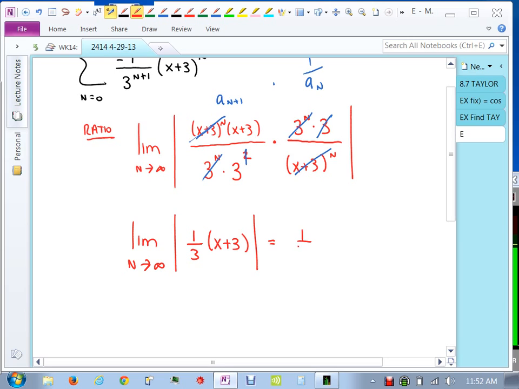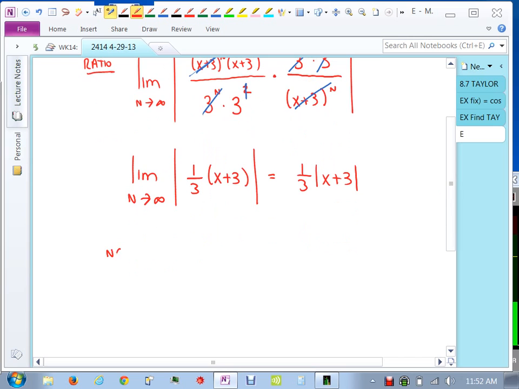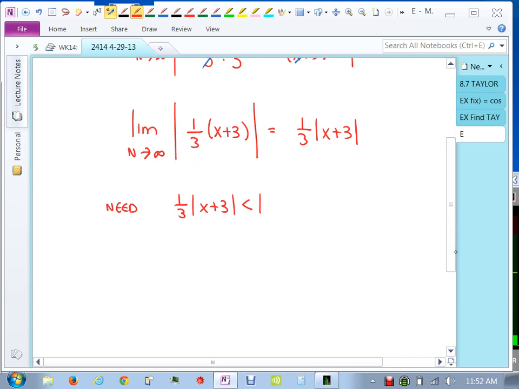It's 1/3 absolute value of x plus 3. Now, the ratio test says I need that to be less than 1, right? So I need 1/3 absolute value of x plus 3 to be less than 1 for this to converge. So the absolute value of x plus 3 must be less than 3.